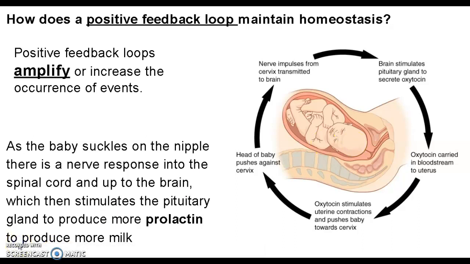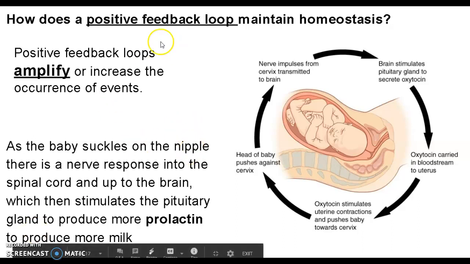Another example is blood clotting. When you get a cut, platelets in your blood become activated and become really sticky, and they'll release chemicals to recruit other nearby platelets to activate and become sticky to help form that clot. And more platelets become active until the bleeding is stopped. So that initial stimulus of the platelets becoming activated increases and increases and increases until there's no more bleeding.